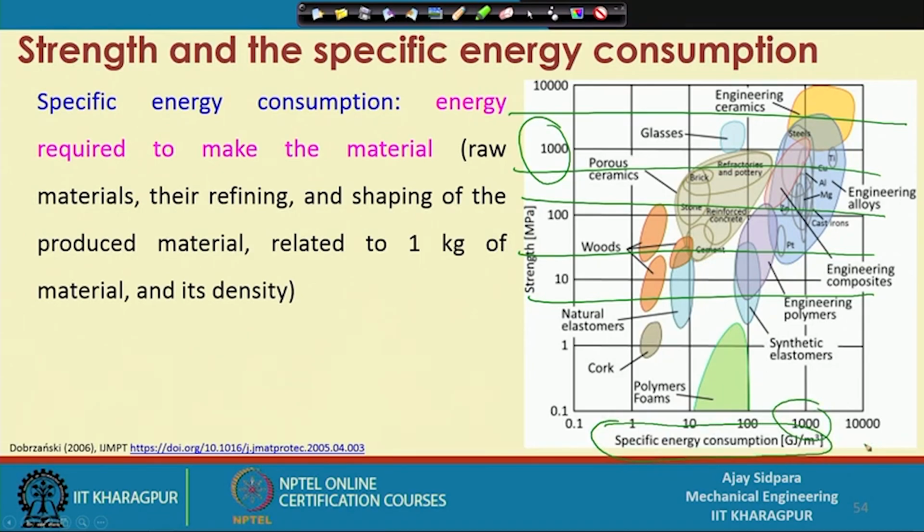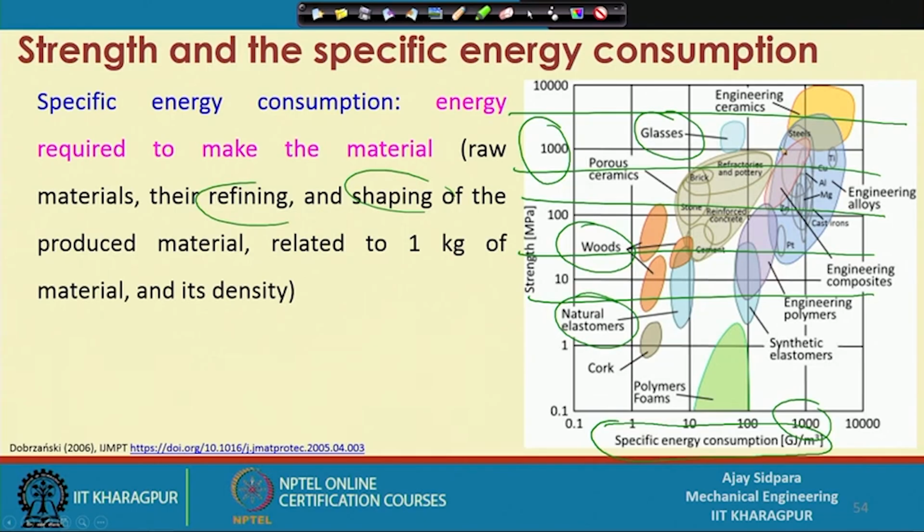Initially your cost will be very high, because refining and shaping are not as easy as processing woods and the different types of elastomer in this particular range. Glass is a very difficult material to cut, because you have to use special tooling for that. If you go in this direction, the strength is very high, then cutting forces are very high. Even for melting this material, you have to go to high temperature, then only can you do casting and other processing.